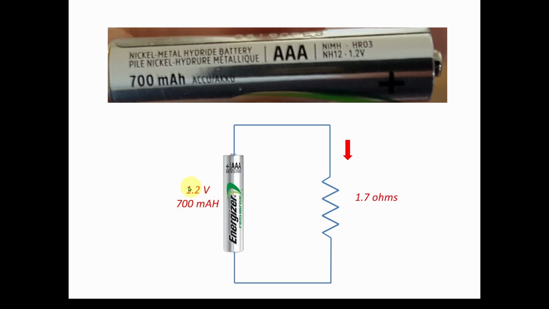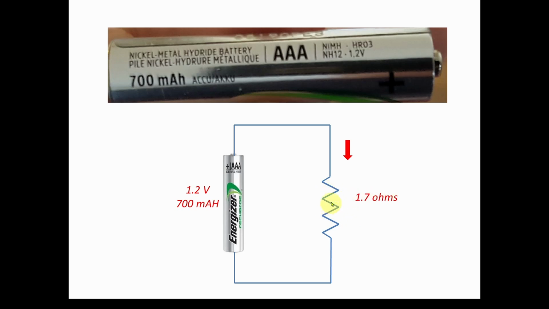If you do a little math, you divide 1.2 volts by 0.7 amps. That says if I've got 1.7 ohms of resistance across this battery, you can expect 1.2 volts across that 1.7 ohms, and the current drawn by the resistor will be around 700 milliamps, or 0.7 amps, because 1.2 over 0.7 is 1.7.